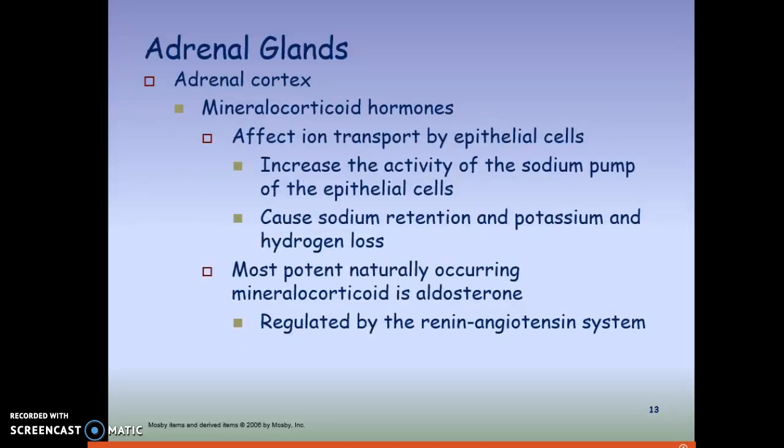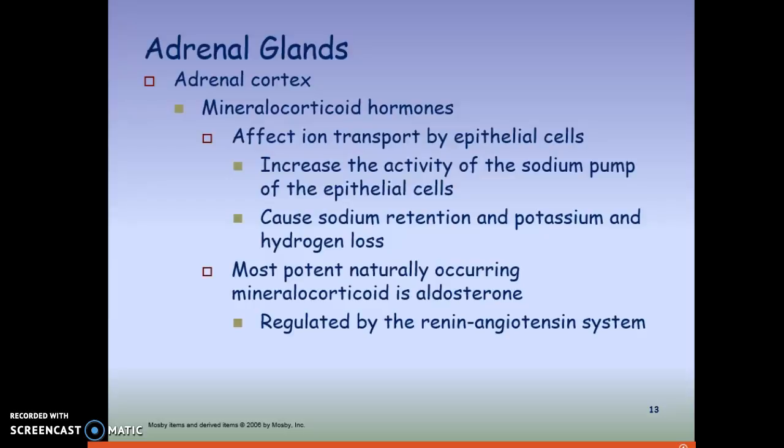All right, in addition, you have the mineralocorticoid hormones. These affect ion transport of epithelial cells, so increasing the activity of the sodium pump. The mineralocorticoid hormones cause sodium retention, potassium and hydrogen loss.